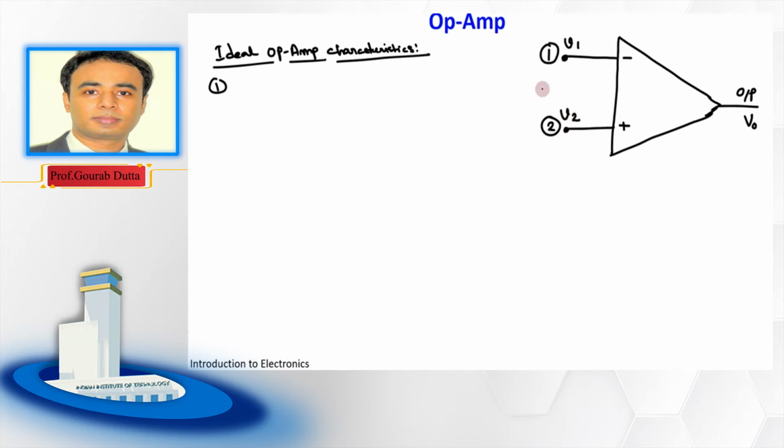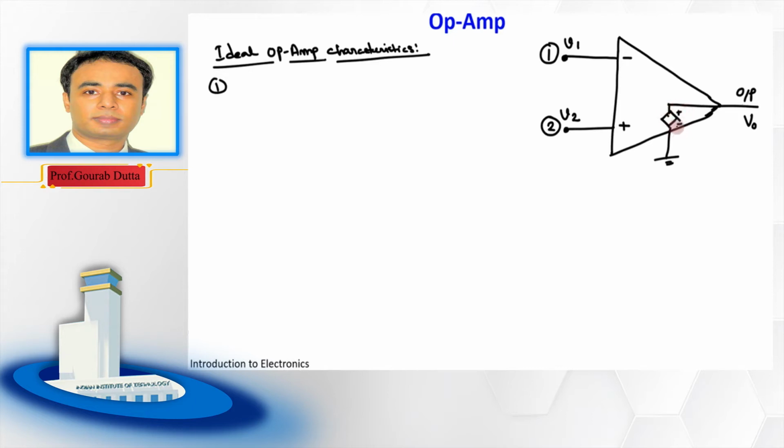We have discussed that this op amp is nothing but a voltage amplifier. So you can think of the output as a dependent source, so we should use this plus minus symbol.